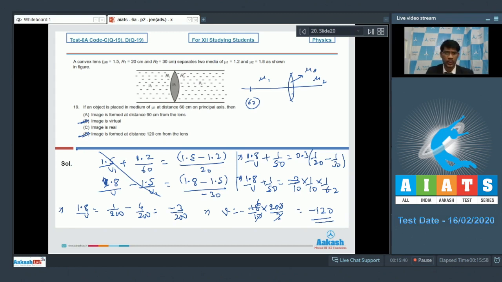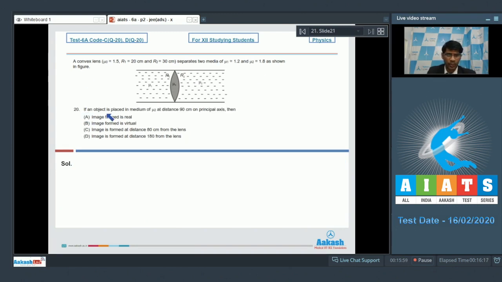Now let's proceed to question number 20, which is also based on the same paragraph. This time, an object is placed in medium mu2 at a distance of 90 centimeter on the principal axis. The distance this time is 90 centimeter, and the refraction will be taken along this direction.